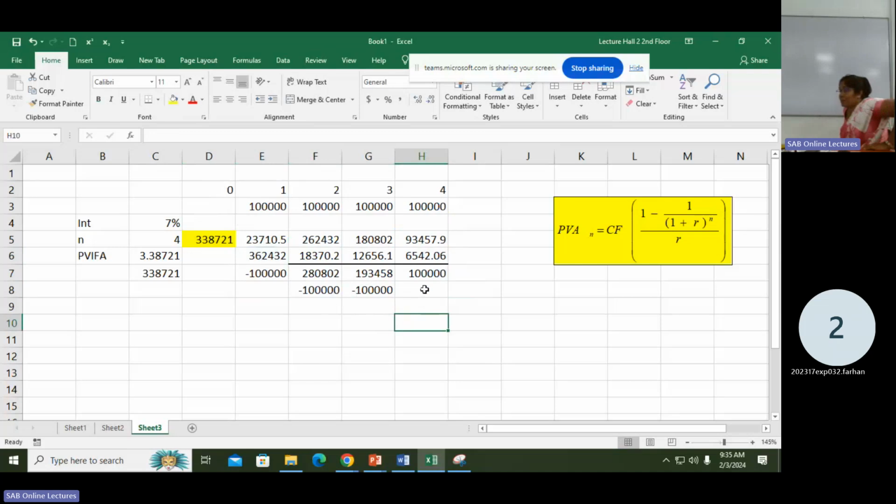How much should the uncle deposit at the beginning of the period?